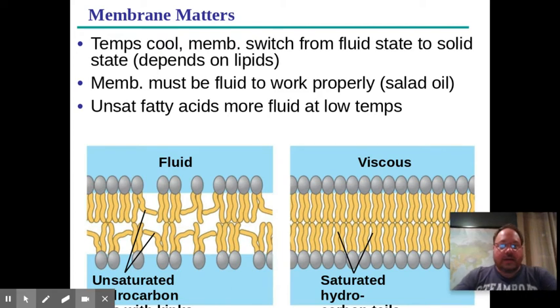All right. Membranes are subject to the same forces of fluid dynamics as anything else. So membranes can have their properties affected by temperature. When temperature cools, there's less kinetic energy in the system, right? So the phospholipids tend to pack in more tightly. And when that happens, it can make it more difficult for materials to move through the membrane.